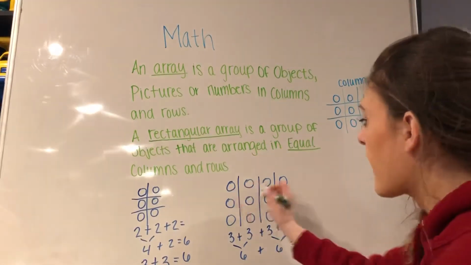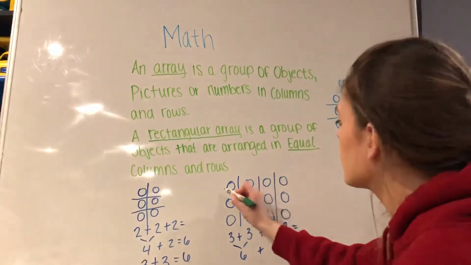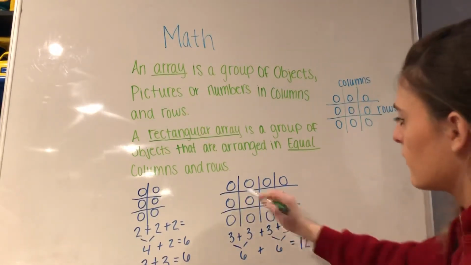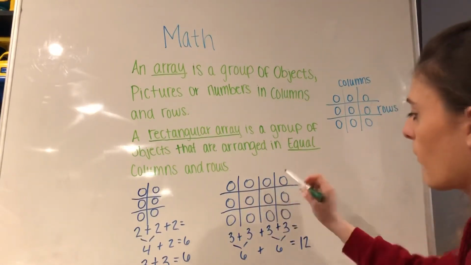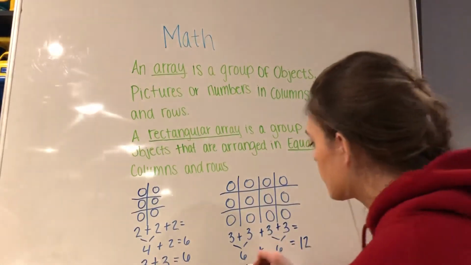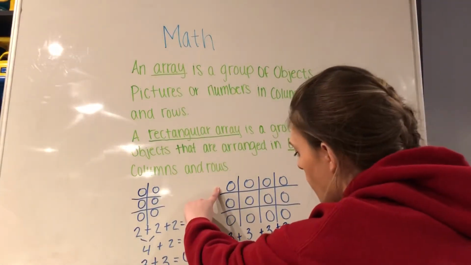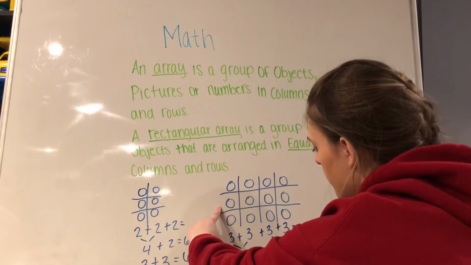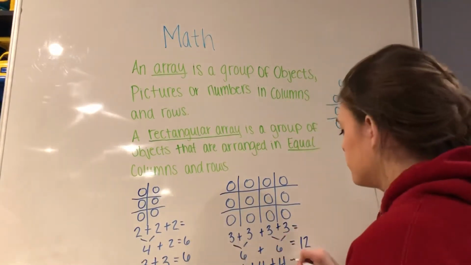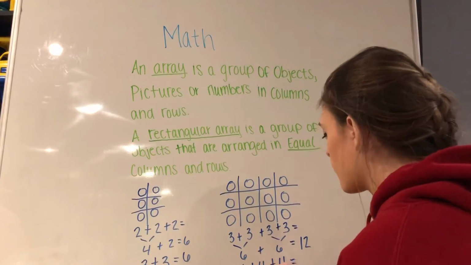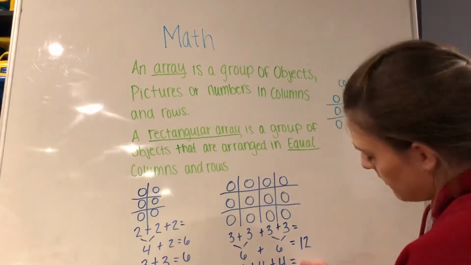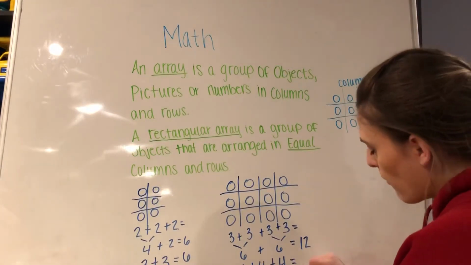Now we're going to look at our rows. So remember, left to right are our rows. We have 1, 2, 3, 4 in each row. So we'll have 4 plus 4 plus 4 equals, we know 4 plus 4 is 8, plus 4, we know is going to be 12.